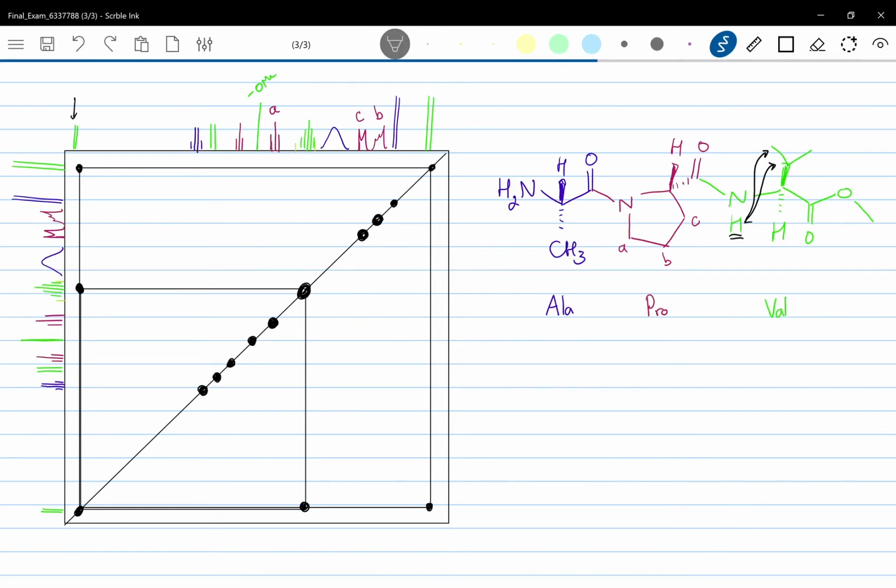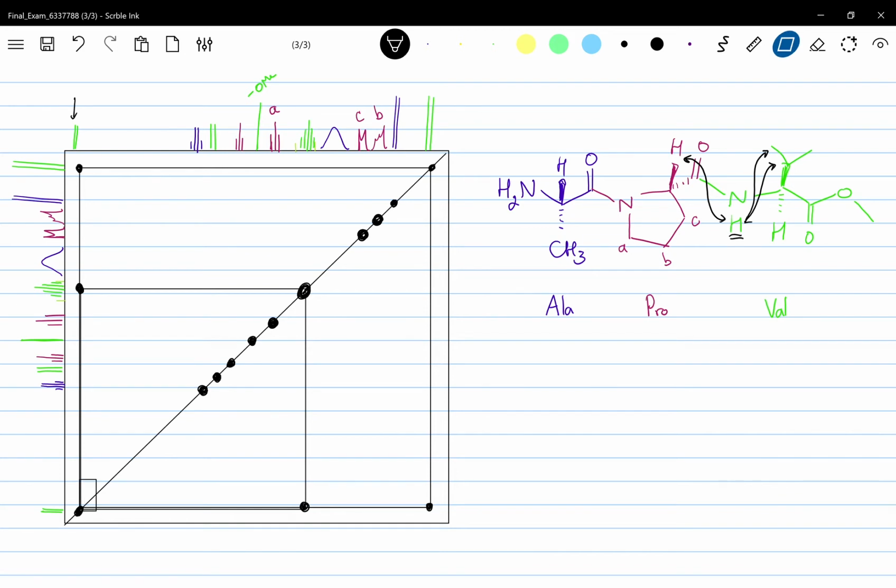So for inter-amino acid interactions, with nearby amino acids, this NH proton can interact with the nearby alpha proton of valine, so the pink one, which will be this peak, these two. Cool.